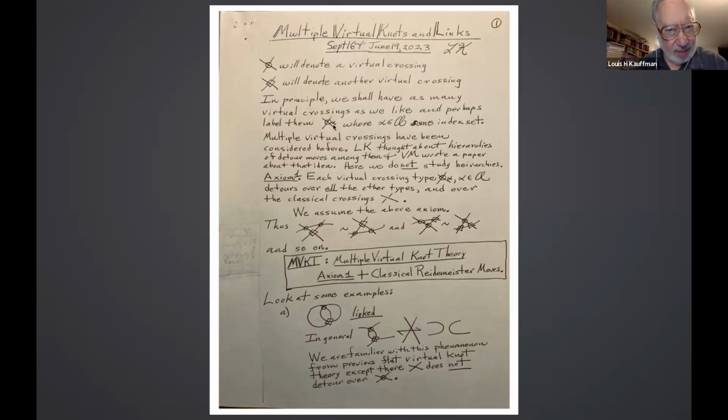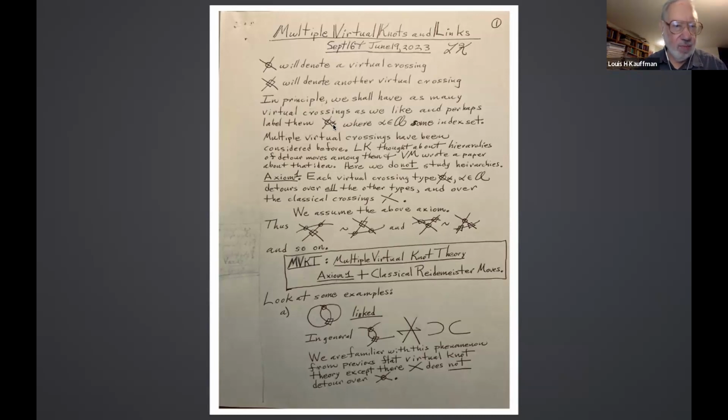That's interesting, but that's not what I'm going to do here. Here, it's a level playing field. We're going to have many virtual crossings, and they all detour over one another. And of course, they all detour over the classical crossing, and there's one type of classical crossing. So that's the sort of virtual knot theory I'm going to do.